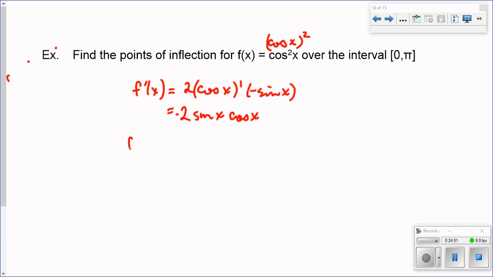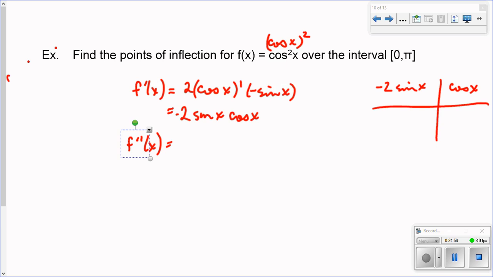Now I need the second derivative, and that's a product rule. I'm going to write that into 2 product x here. Derivative of negative 2 sine is negative 2 cos, and the derivative of cos is negative sine. So you can see something here, I talked about this earlier. As I take the first and the second derivative of trig functions, they all sort of circle back to the next one.